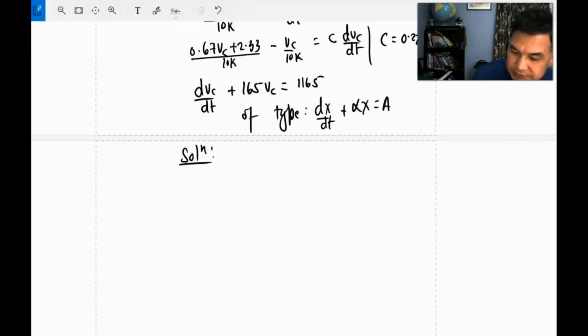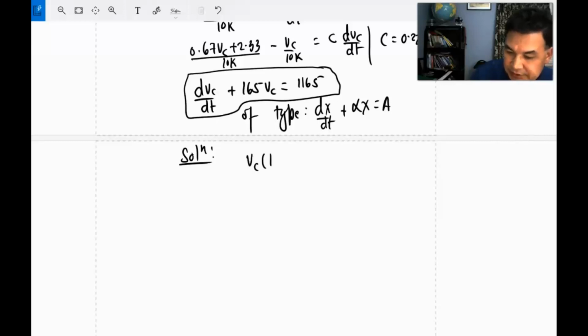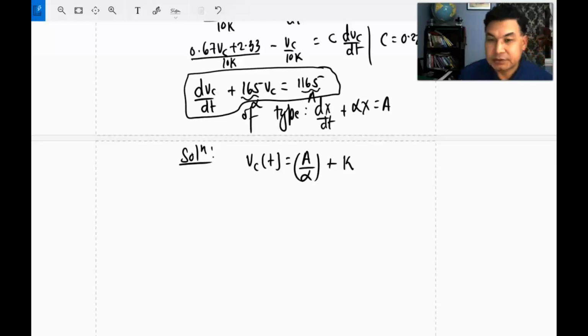Its solution is the solution of the differential equation I showed you in the very beginning. For this type of first order differential equation, Vc as a function of time is a over alpha, remember this is your a and this is your alpha, plus some unknown constant k that needs to be determined with the initial condition, times e to the minus alpha t.